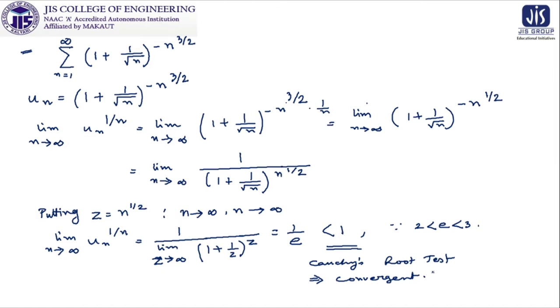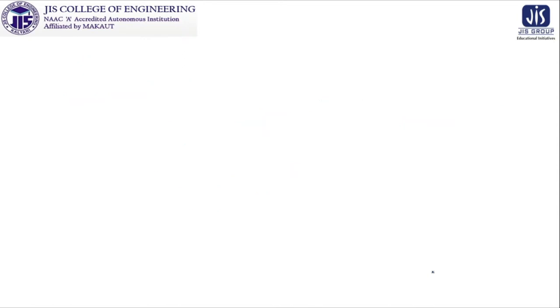So basically when we are going to use the root test, our target is to keep two things in mind: first of all, taking the nth root properly and using the standard limits in such a way that we can reach a conclusion.